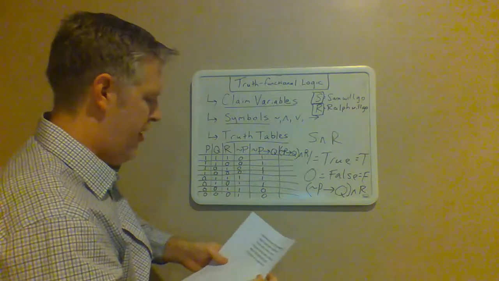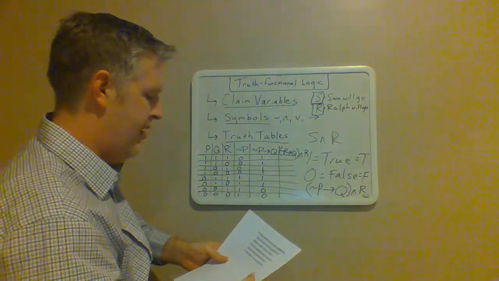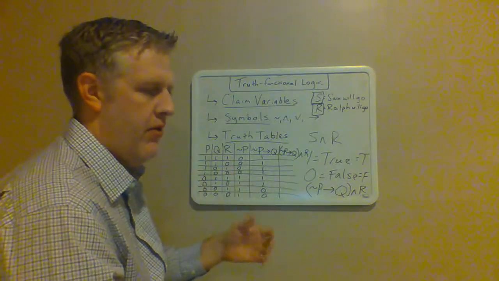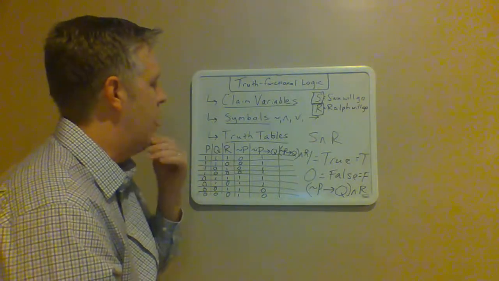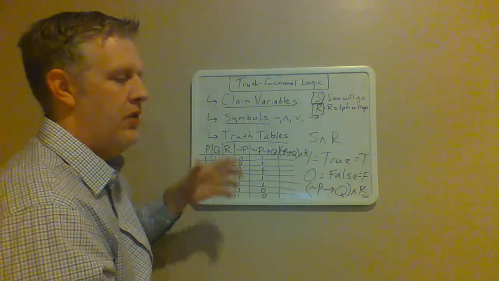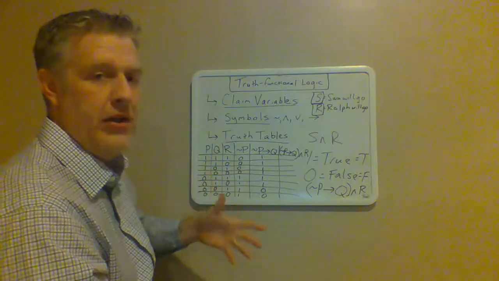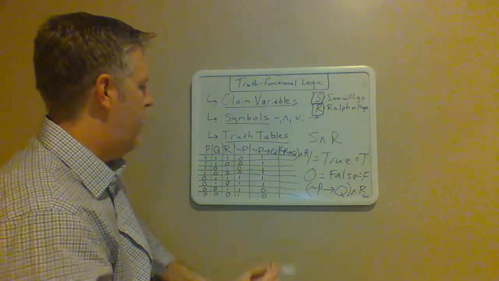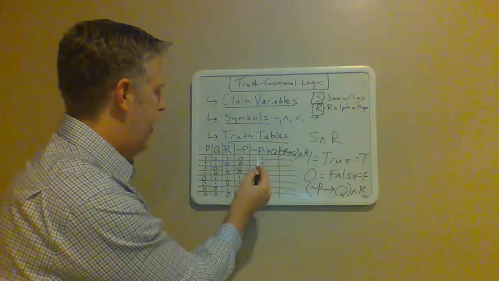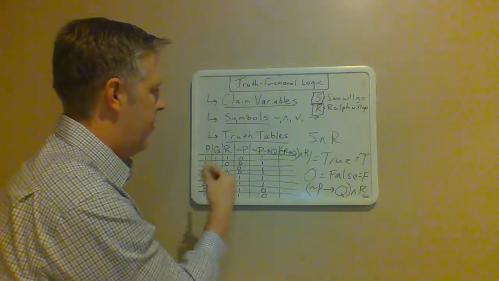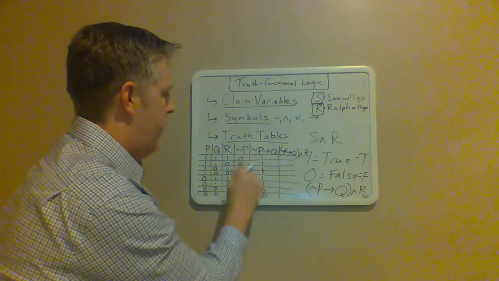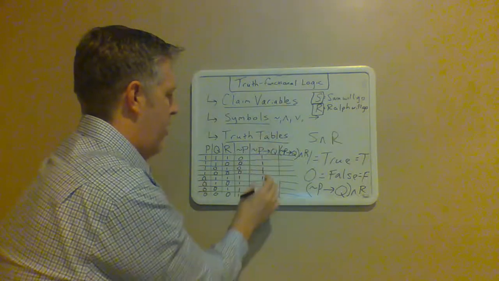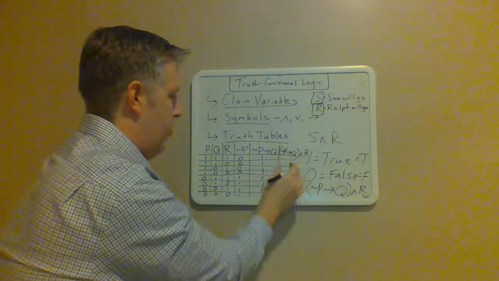Okay, I think the last thing I want to mention, and this is especially important when you're doing your homework, is that you're trying to indicate whether given arguments are valid or invalid using the truth table method, and we'll get to a video on this eventually. You're going to use claim variables as the reference columns, as always, and then eventually you're going to get your premises to correspond to certain columns.